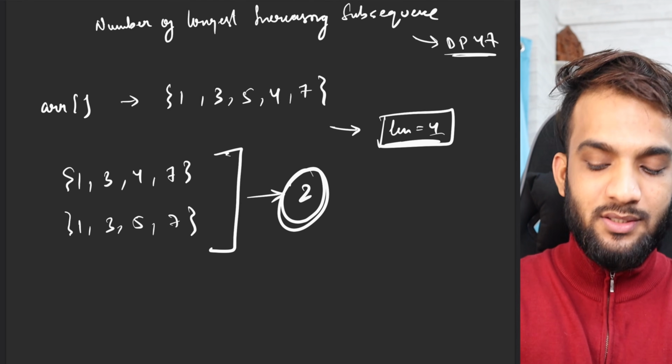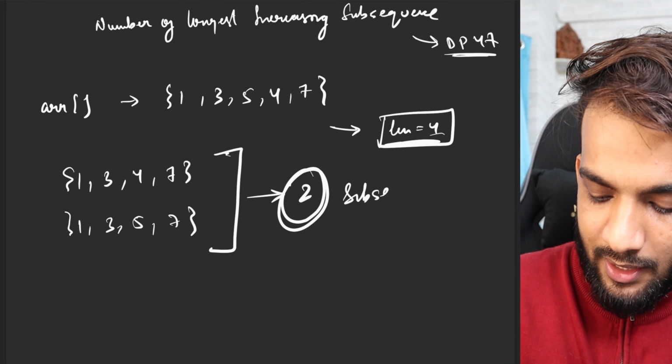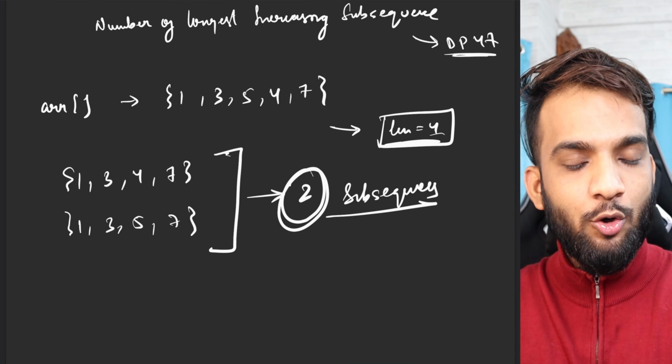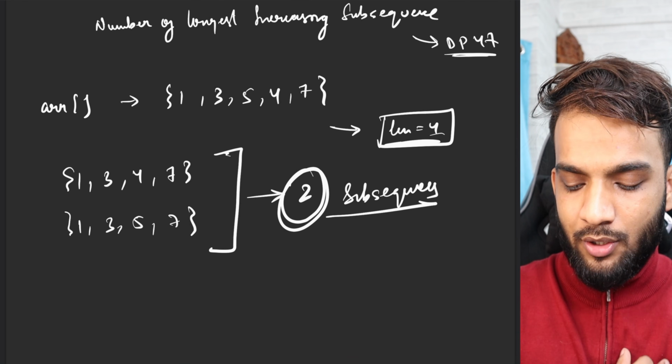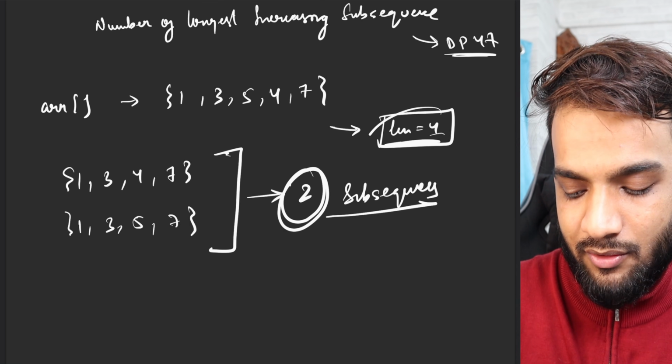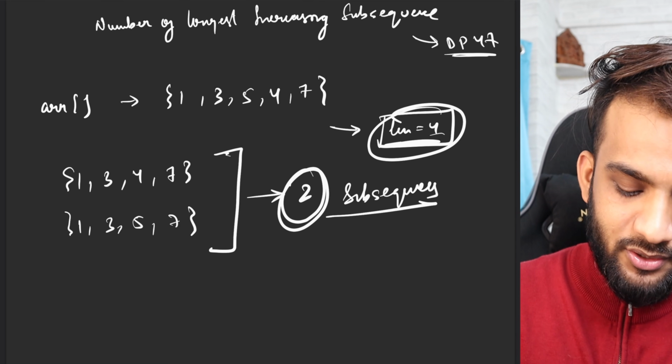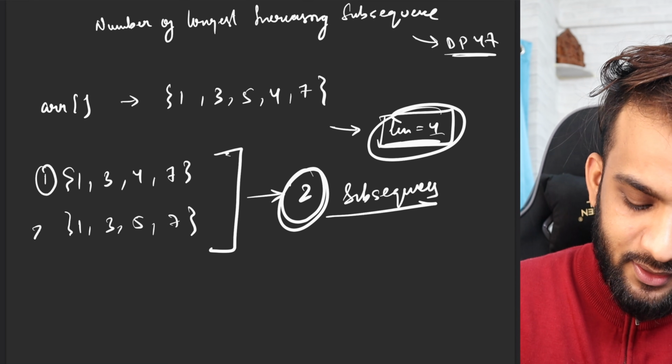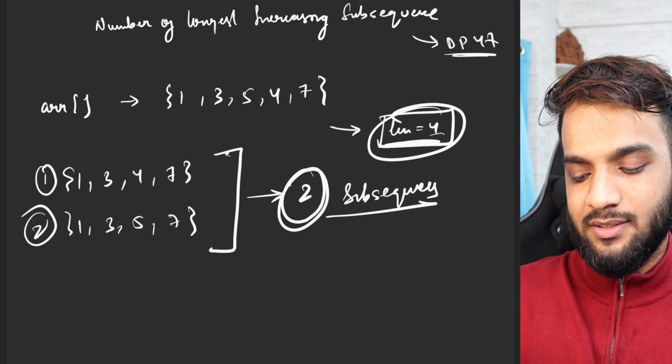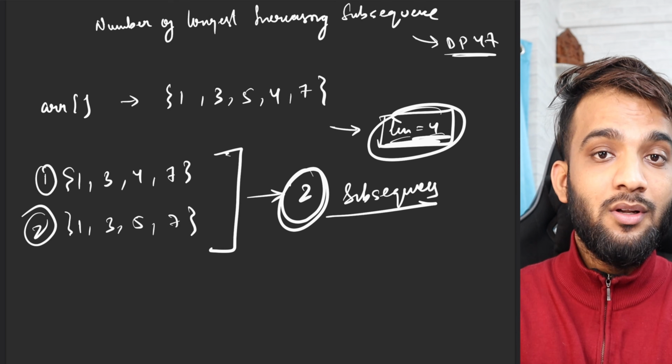That's 2 subsequences. I'm not concerned about the length because I know how to find the length. I'm more concerned about how many there are of length 4. This is the first one and this is the second one. There are 2 subsequences of length 4.